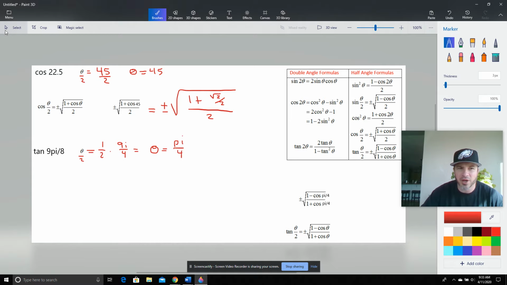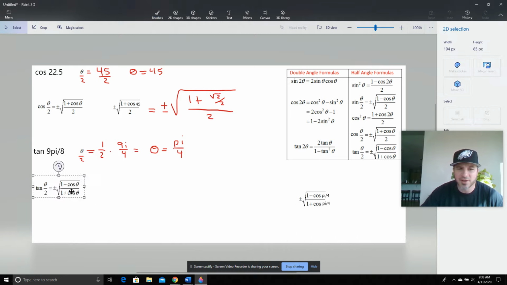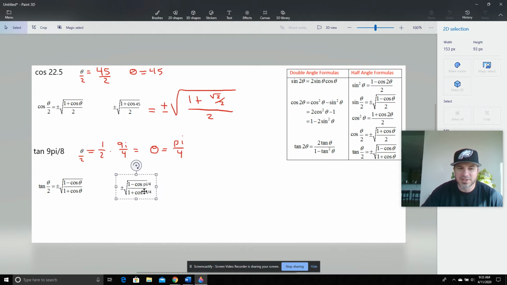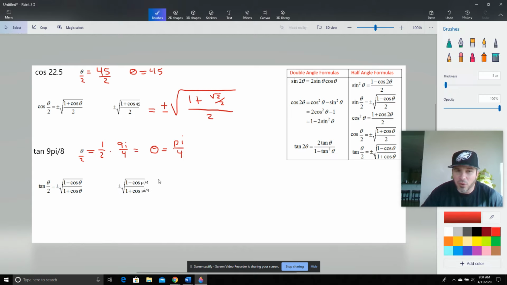So again, we're going to go back, see that we have a half angle formula, and go find tangent's half angle formula. This is the one we're using. We've determined theta as pi over 4. So this is the side we're actually going to solve for, right? We just put in pi over 4, and there we are again: plus or minus 1 minus root 2 over 2 as the numerator, and then 1 plus root 2 over 2.